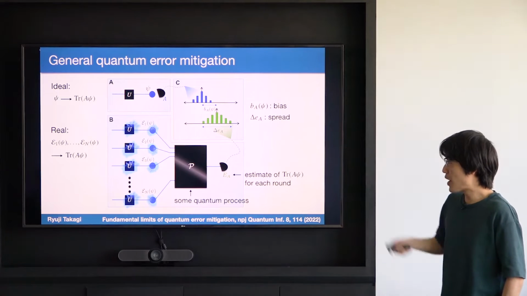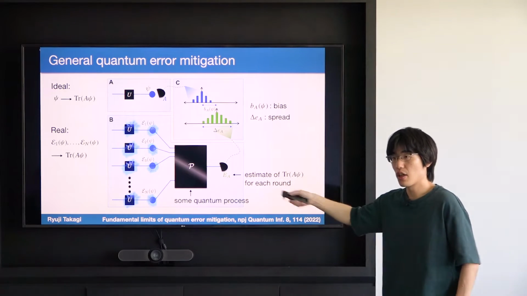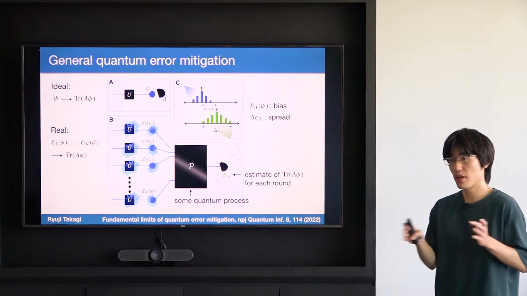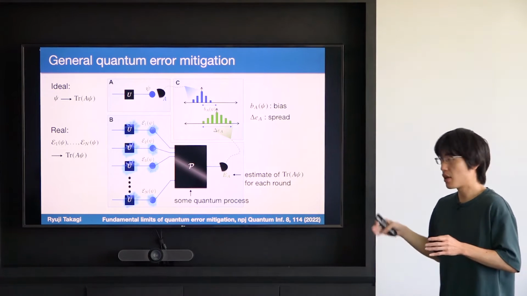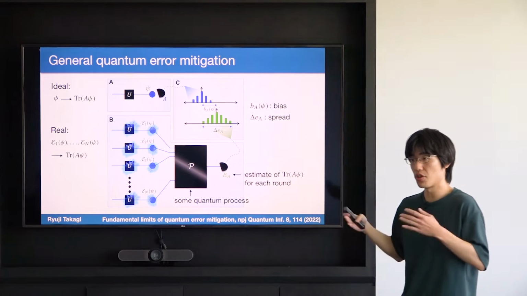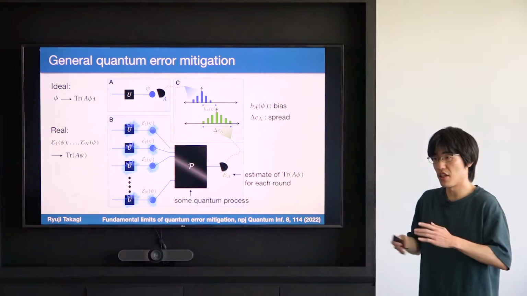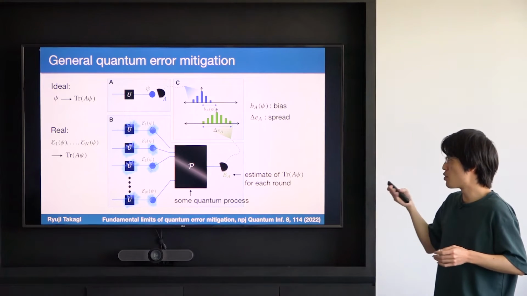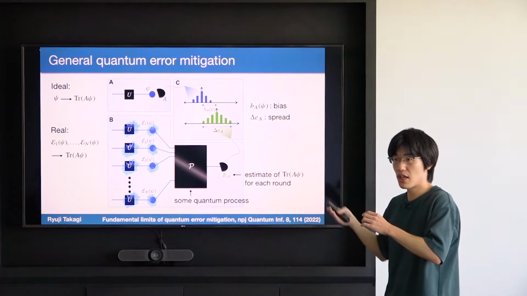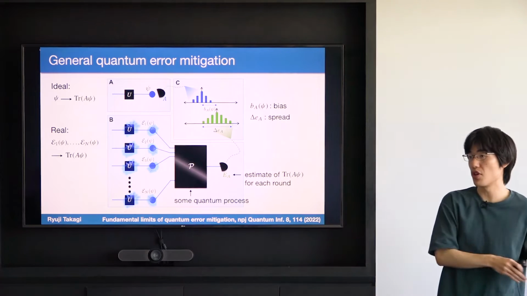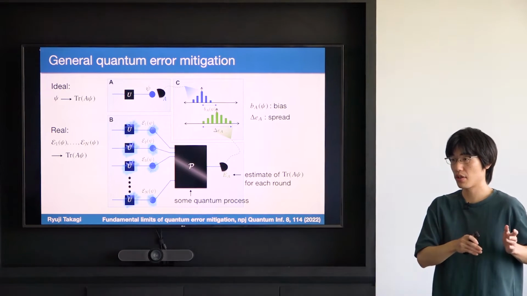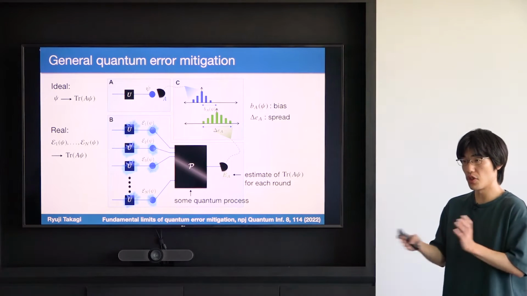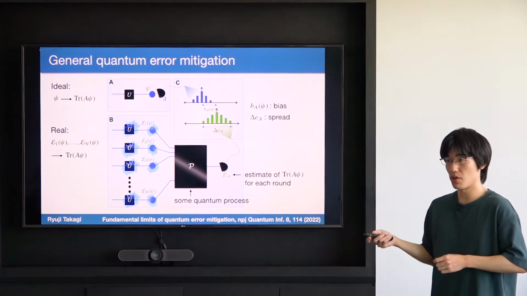Okay. But this ideal circuit, let's say, can be constructed by a series of unitaries. But instead of that, you might have some noisy circuit. So let's say this is a quantum channel. So formally, what you can do is define this E as first an inverse of the original ideal circuit, then also apply the noisy quantum channel that describes the noisy circuit.